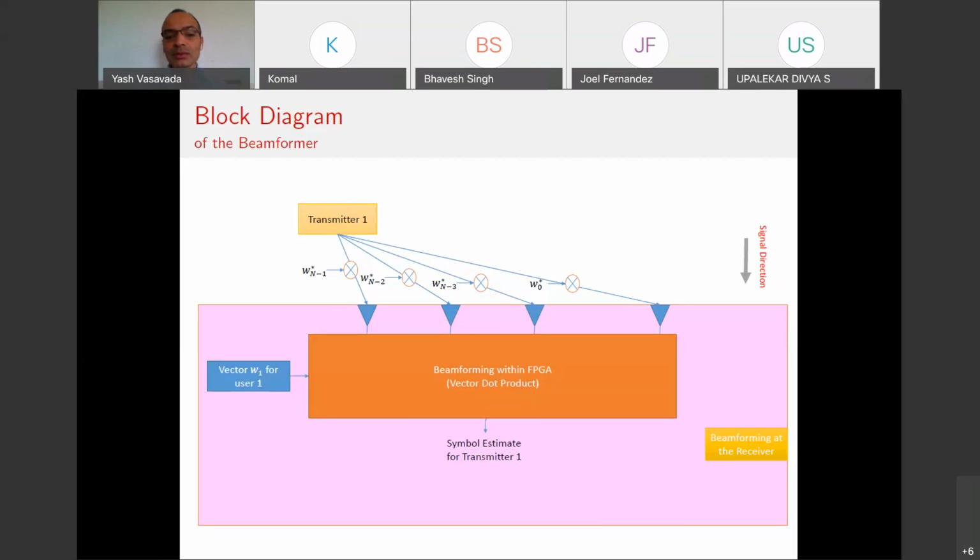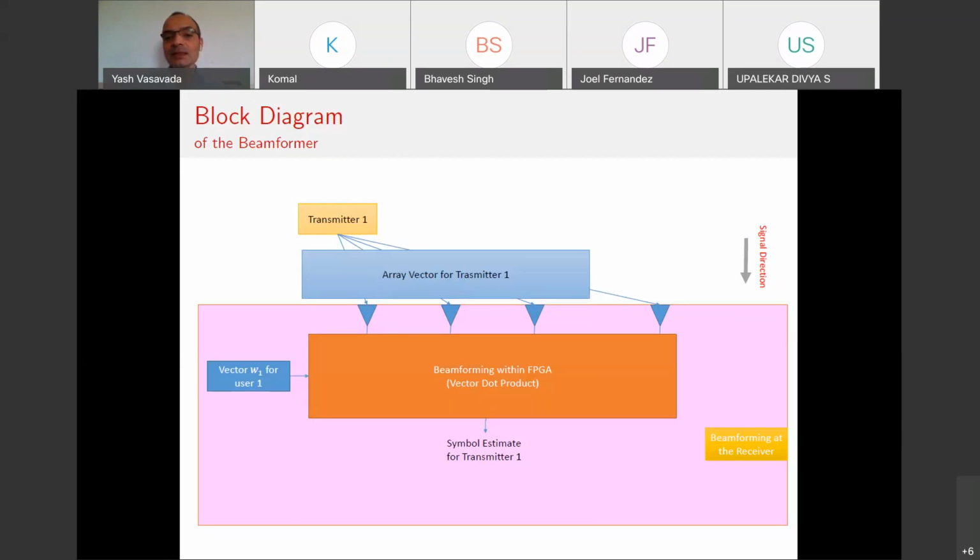Okay, now just the way we abstracted out the beamforming operation as just doing a vector dot product, let us abstract out the channel effect, the array vector effect, and just call it some array vector for transmitter 1.